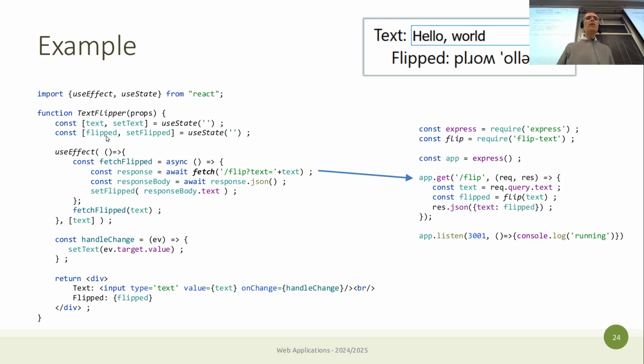So the flipped text is called flipped. Set flipped, and then initially it's empty, it's fine. And so we have an input type text, value text. That's the way in which we write a controlled form. On change, handle change, there's a function here that basically does only one thing: set text, event target value.